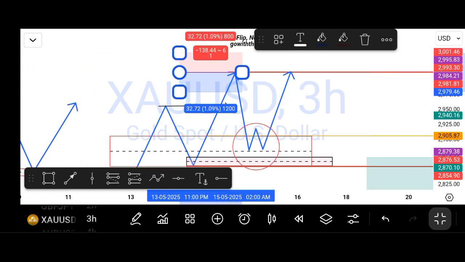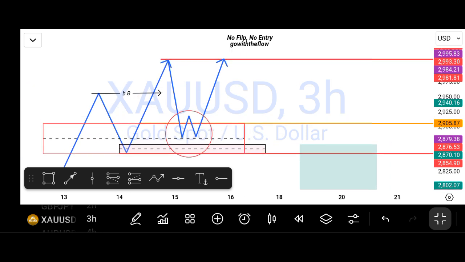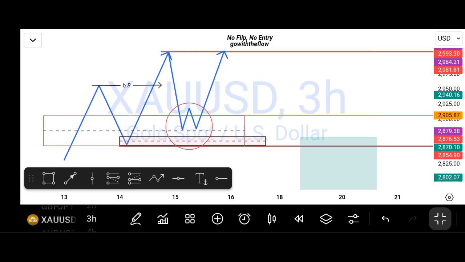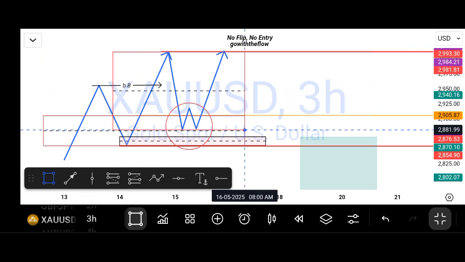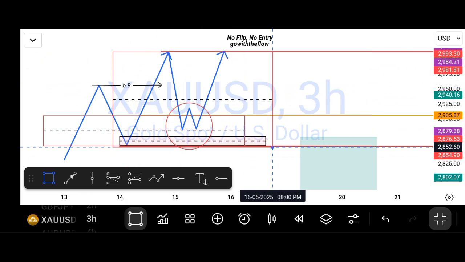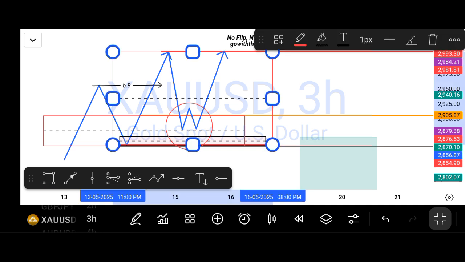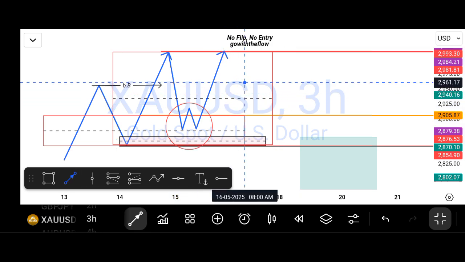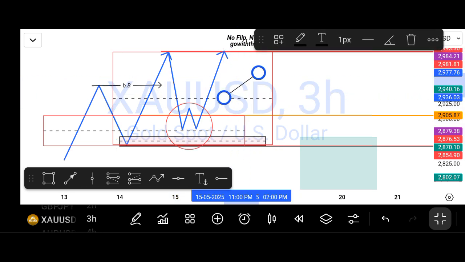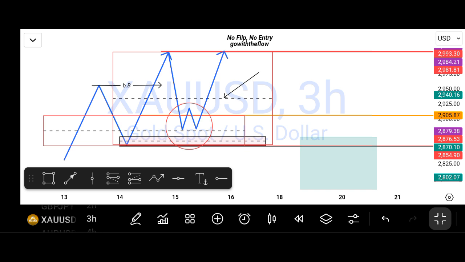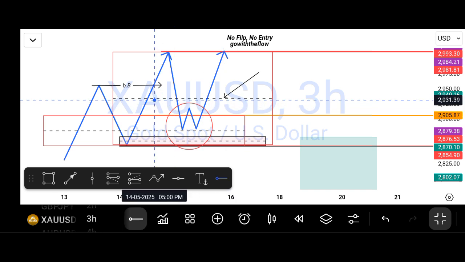That's the normal way we're taught. So if I want to get my discount zone the normal way, I would take 50% of this range. Then 50% is this. You see these dotted lines here? This is the 50% zone where it's supposed to be our discount level.